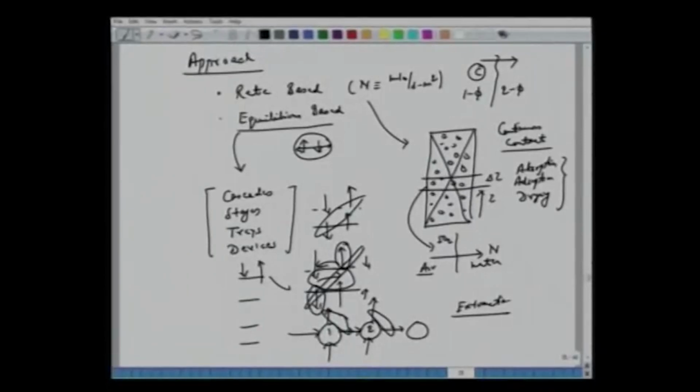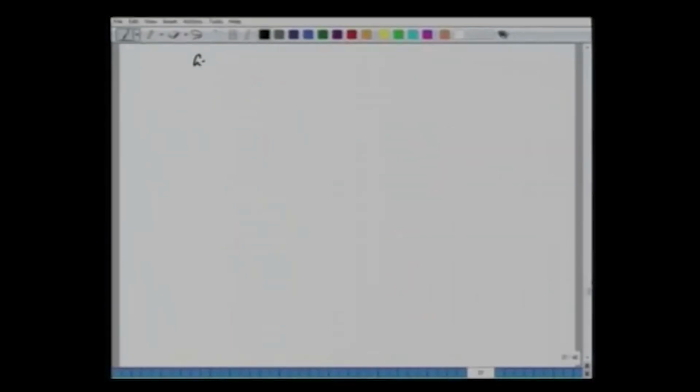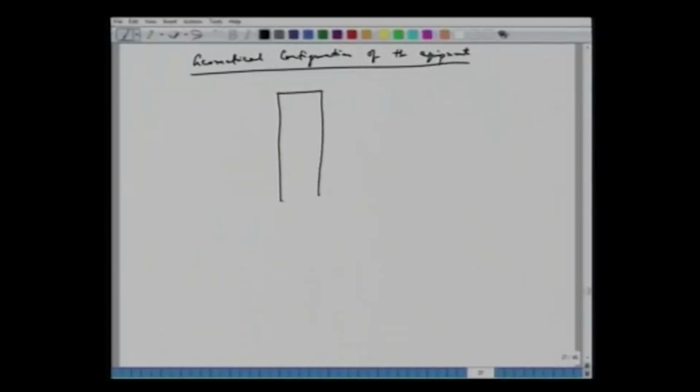Now again we said that approach is one thing and actual geometrical configurations of the equipment is another thing, which means even if we have continuous packed bed like this, so it's a real geometrical configuration, air goes like this and water flows from this.